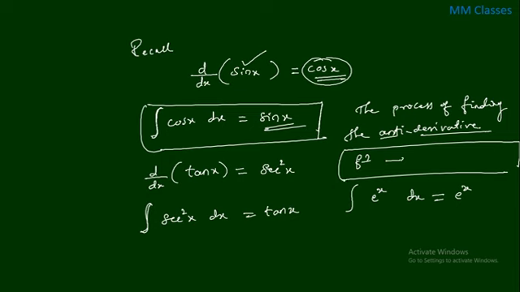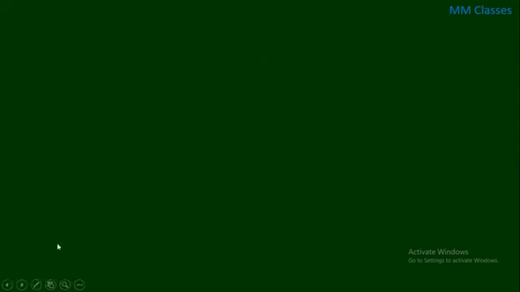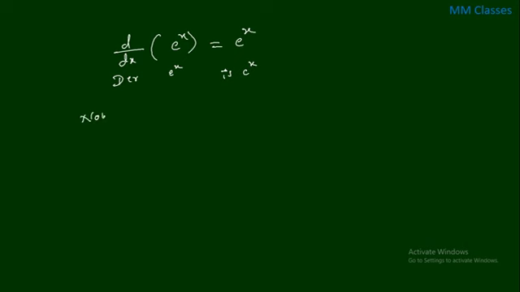Integration means the process of finding an antiderivative, and also we can define integration as the inverse process of differentiation. You can check with one more example. d by dx of e raised to x is equal to e raised to x. The derivative of e raised to x is e raised to x. Now the antiderivative or integral of e raised to x with respect to x is e raised to x.